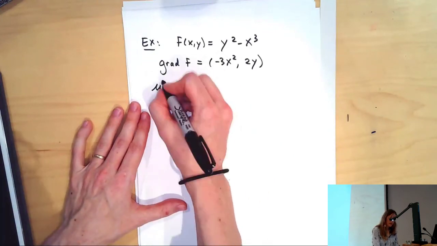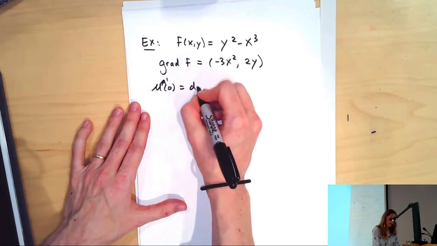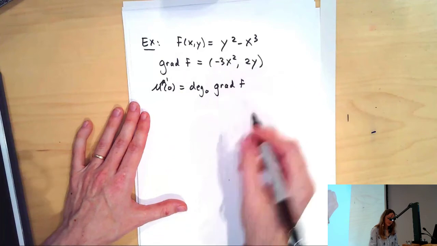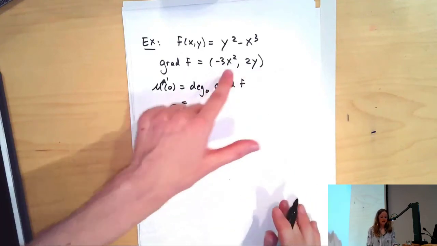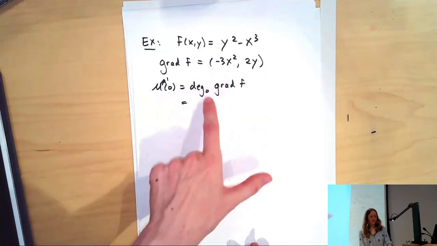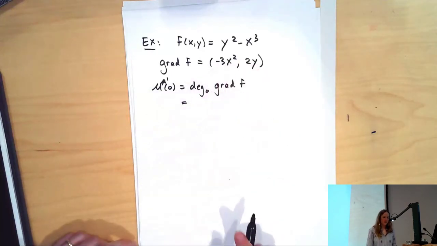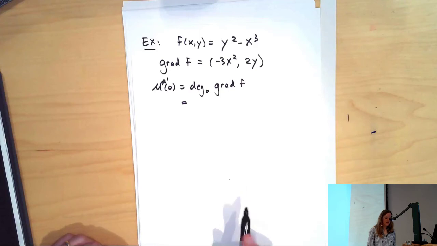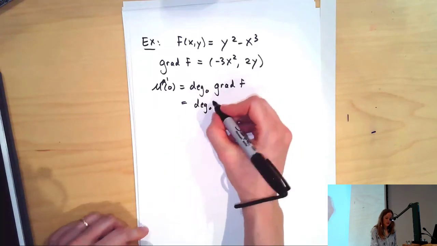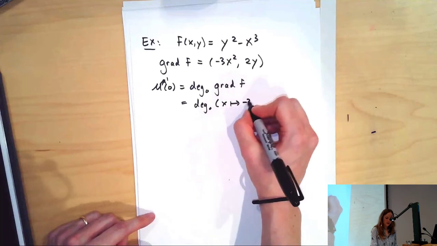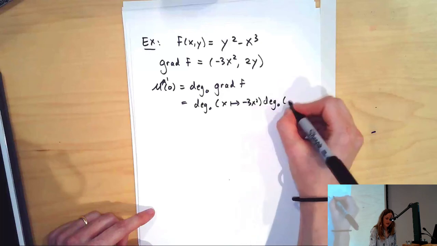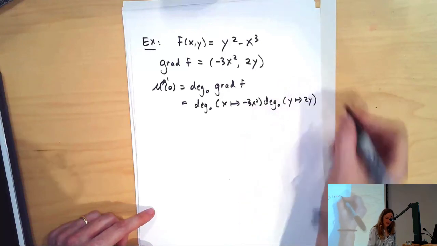This is the A1 Milnor number, the local degree at 0 of the gradient of f. Since these two variables are split apart, this is actually a smash product of two other maps of spheres, and we get the degree at 0 of x goes to minus 3x squared, and the degree at 0 of y goes to 2y.